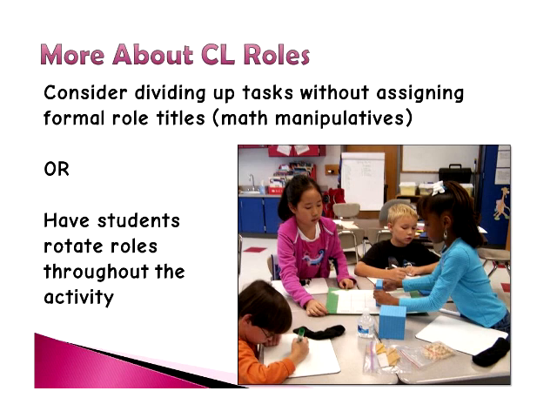Another thing to think about is to divide up the tasks without assigning formal role titles. In 5th grade, when we did decimals, we got out our base 10 materials, and there are 4 things: the little unit cubes, the rods, the flats, and the big cubes. So I divided it up. One kid got each thing. They had their placemats in the middle of the team, and I said, okay, build 23 and 1400s.